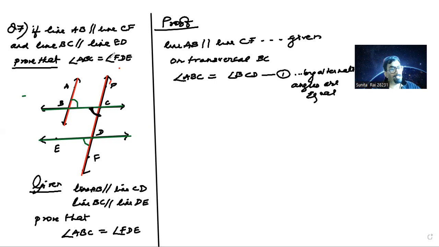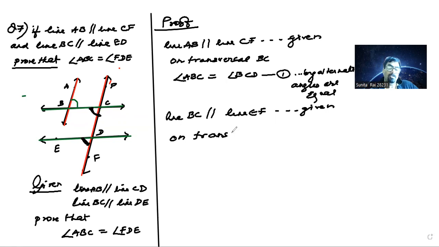Okay, but I have not got an answer. I want ABC equal to FDE. But we look at FDE, children. Can you see FDE? Again, the green lines are parallel. Don't you realize? Line BC is parallel to line EF is given, children. So can you see, children? On that transversal, you can get this angle FDE on transversal CF.